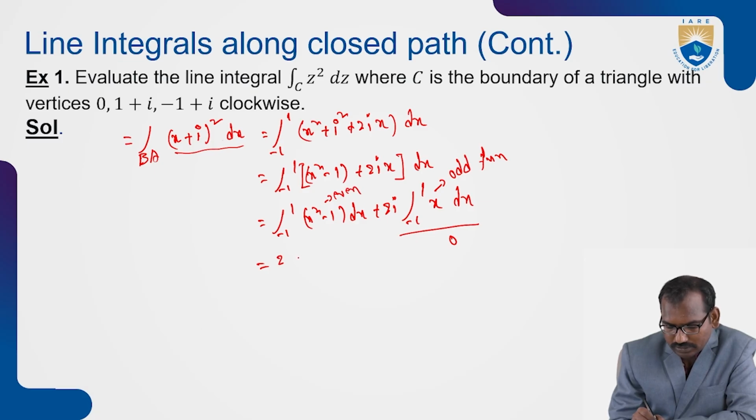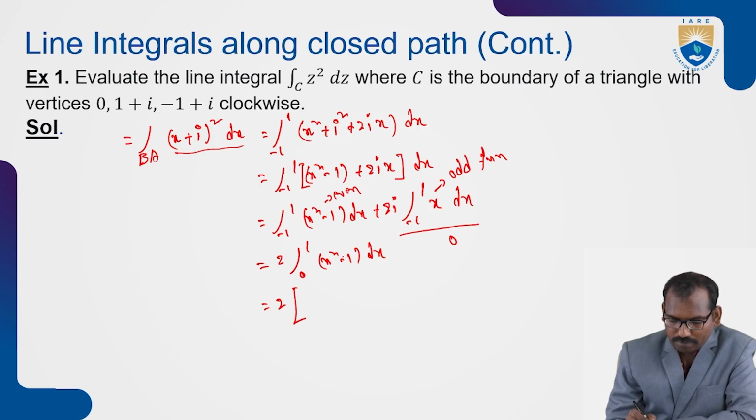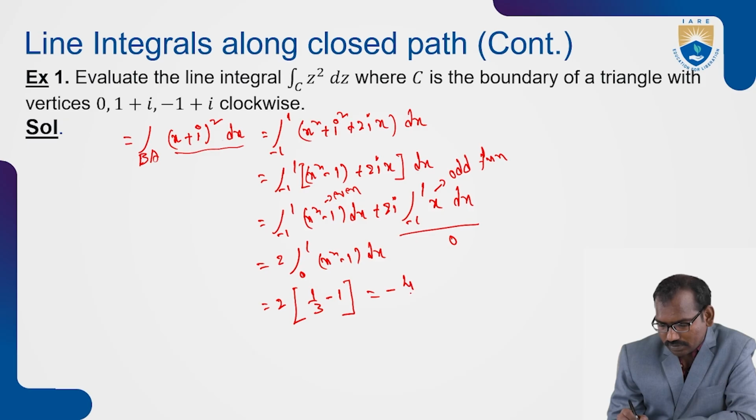In this case it is an even function. So I can write it as 2 times integration from 0 to 1 of (x square minus 1) dx. I'm going to evaluate this integral value and we will have 1 by 3 minus 1. Okay. Now you are having it is minus 4 by 3.